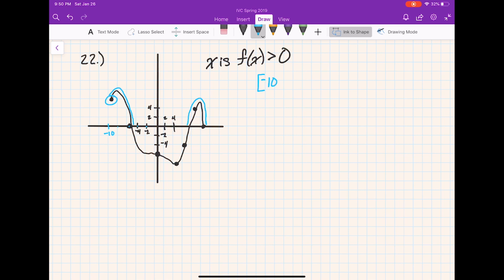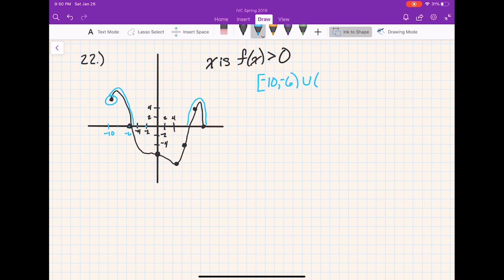So we are going to include negative 10, and then we go all the way to negative 6 here. But because it's greater than 0, we are not going to include that. So we use just a parentheses.